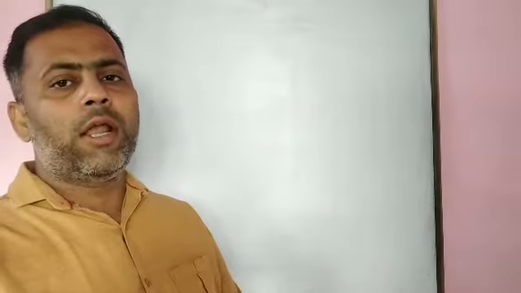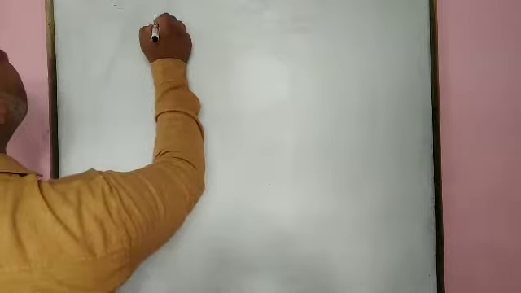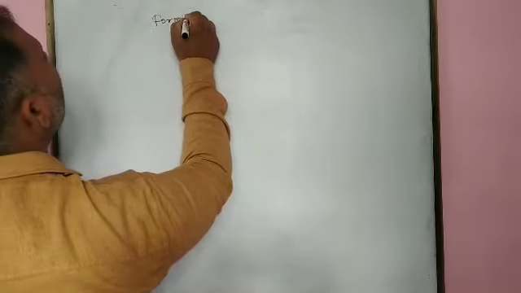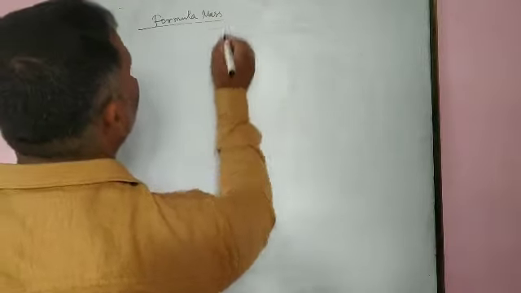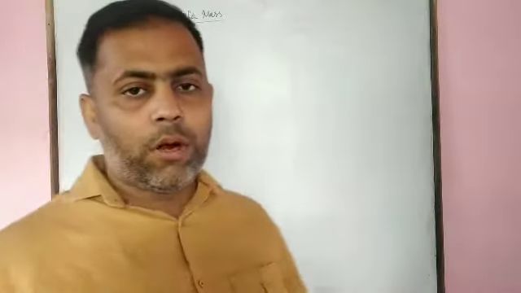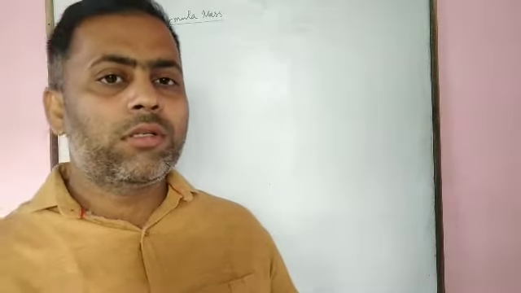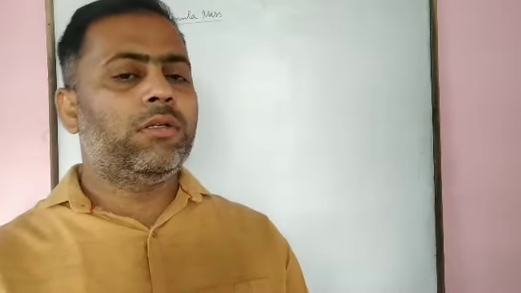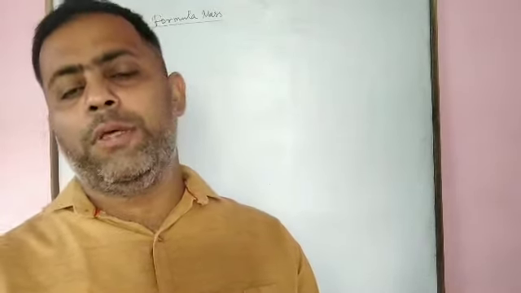We will discuss the next topic, that is known as formula mass. In case of an ionic compound, it does not consist of molecules, but of discrete ions. For example, sodium chloride consists of sodium and chlorine ions which are arranged in a regular manner in three-dimensional space.